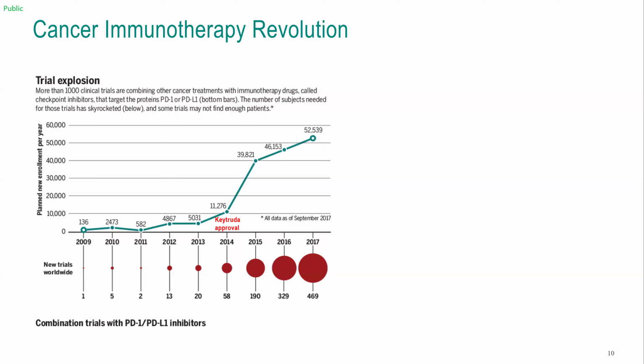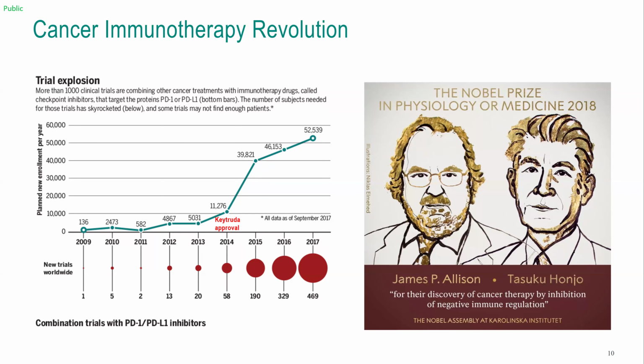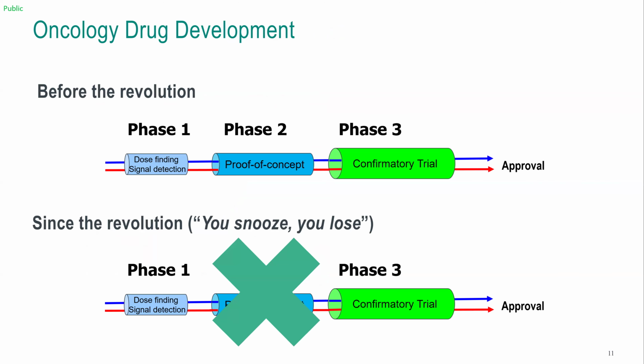Since its approval in 2014, the field really took off, as can be seen here in the tremendous increase in the number of clinical trials. And 4 years later, two pioneers in the field were awarded the Nobel Prize.